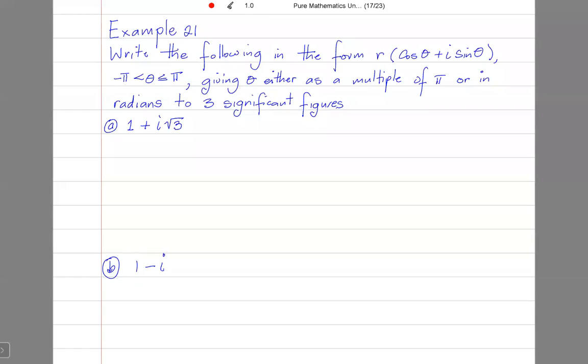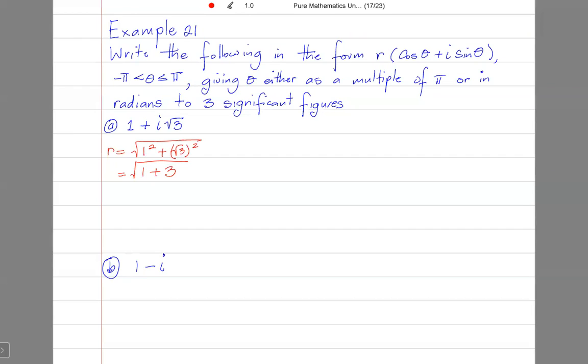All right, example 21, we are to write the complex numbers in polar form. So let's go for the modulus: r is equal to the square root of 1 squared plus root 3 squared. So this is the square root of 1 plus 3.